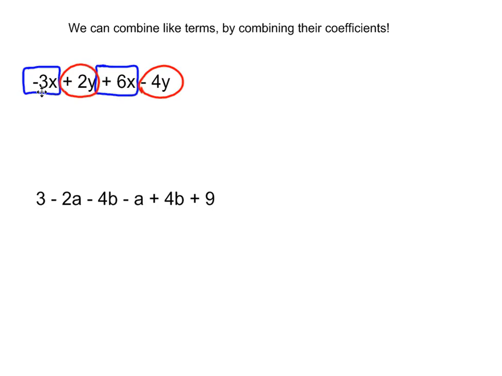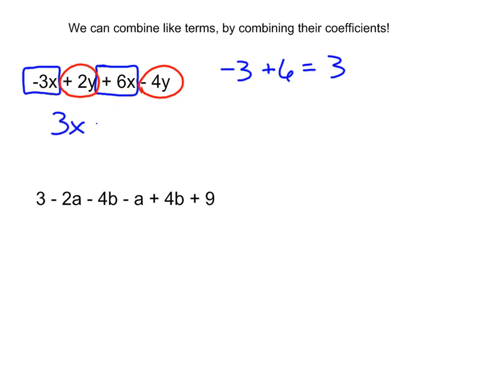And when I do that, negative 3x plus 6x gives me 3x. Now we did that by working out negative 3 plus 6, which is just 3. And then we kept the x with it. So you work out the coefficients, the numbers, and then you keep the x with it.